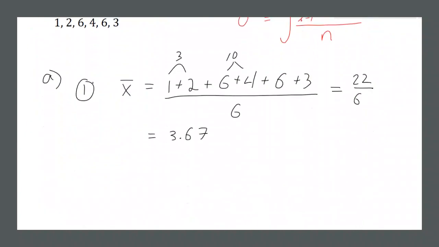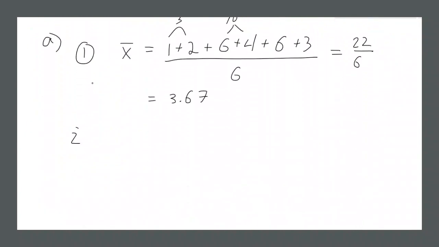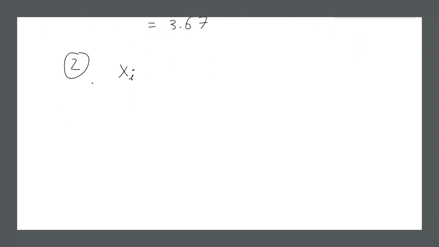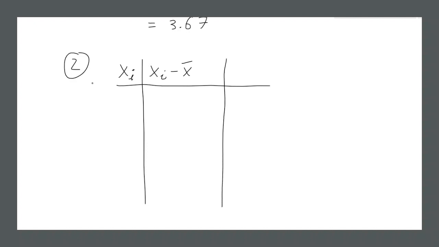So this is step 2. Create a table where one column is your data points. The next column is the difference between your data points and the mean value. And the last column is those differences squared.